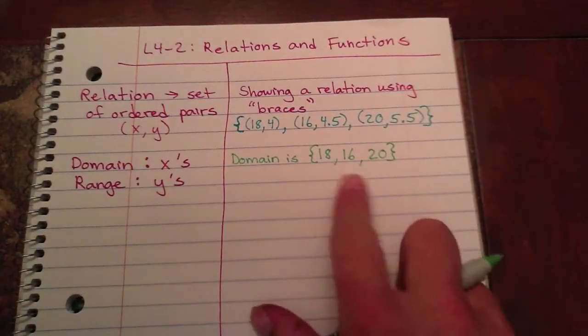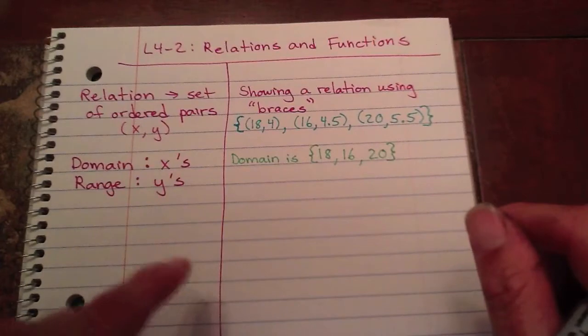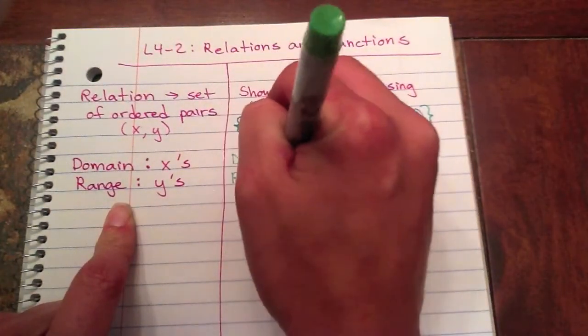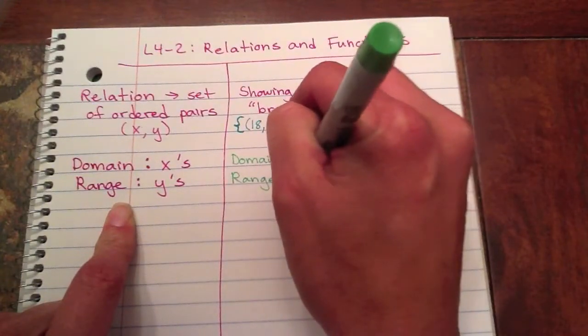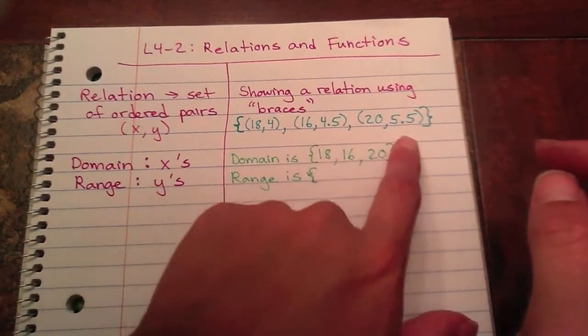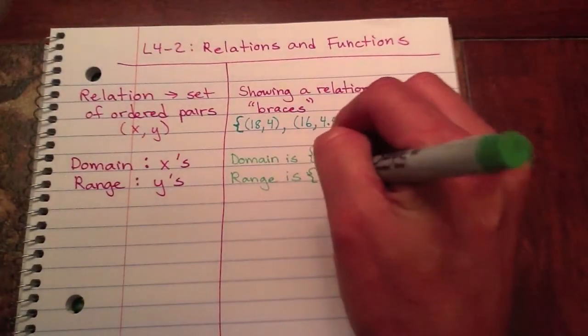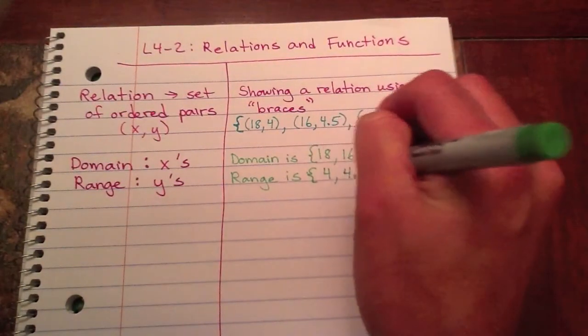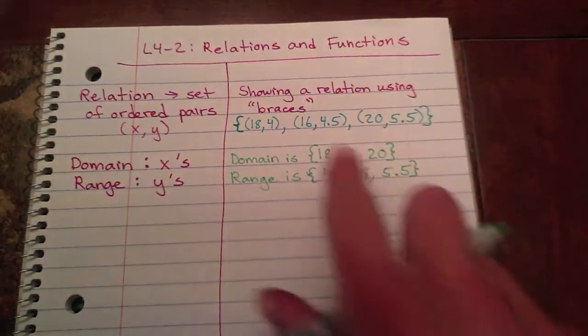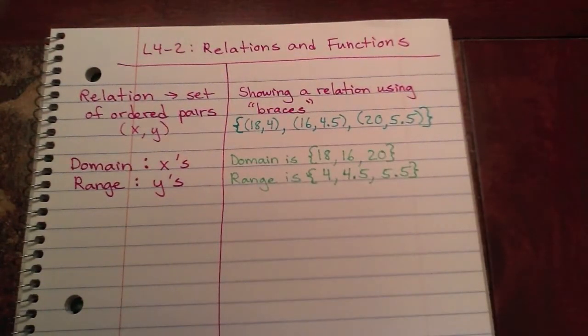A lot of people end up putting those in order. Your range is, and you just go through your y's, 4, 4.5, 5.5. That's all you have to do when they ask for the domain and range of a relation.